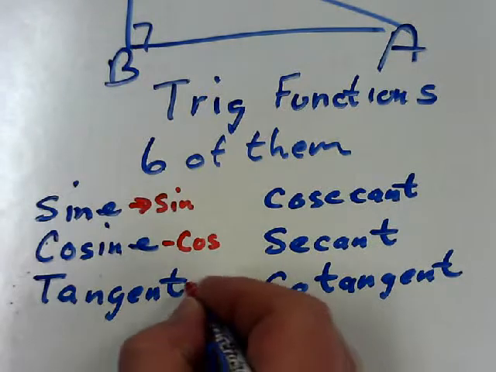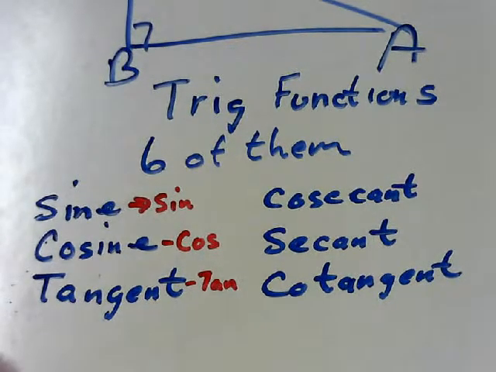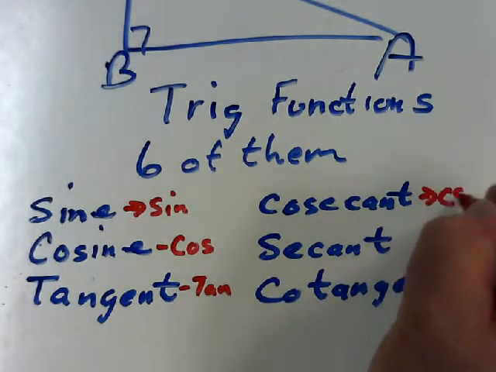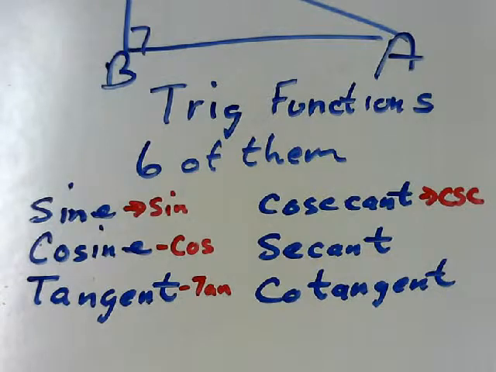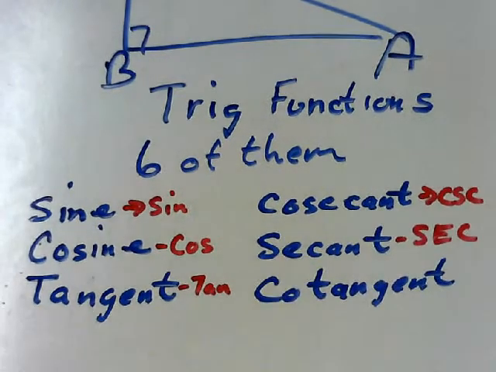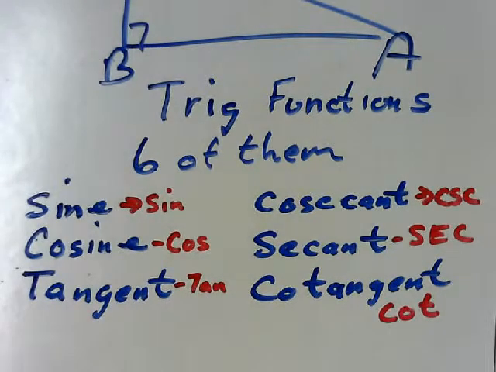For tangent, it's TAN. Cosecant is CSC. Secant is SEC. Doesn't mean the Southeast Conference. Cotangent is cot. It's not what you're going to sleep on either.